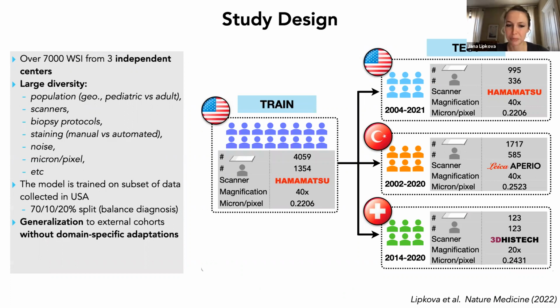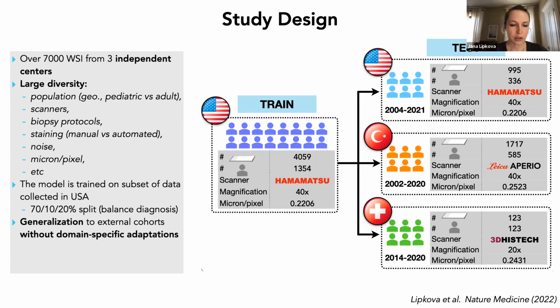Each has different microns per pixel, different noise, and each center uses different slide preparation, different staining. So for instance, we have data from the US, Turkey, and Switzerland. And in the Turkey cohort, they use manual staining, while in the US and Swiss cohorts, they use automated staining, which is interesting because it really changed the variability of the images.